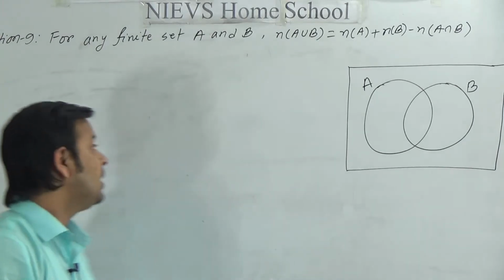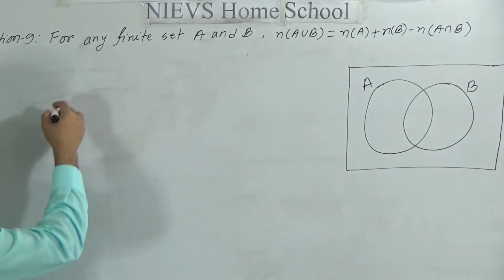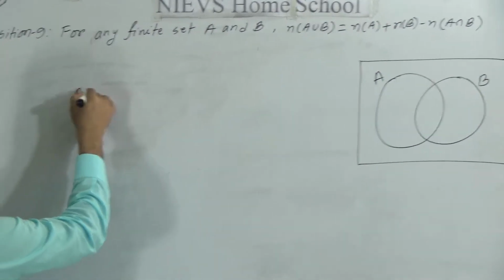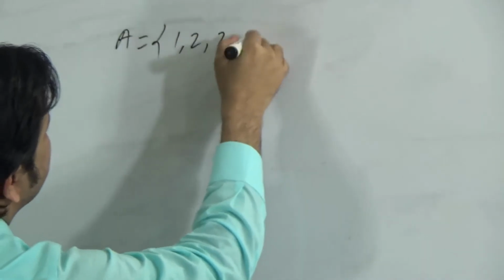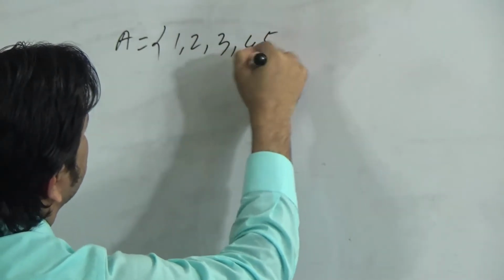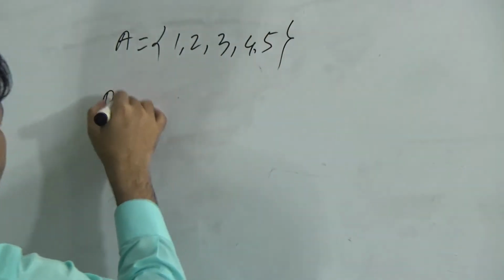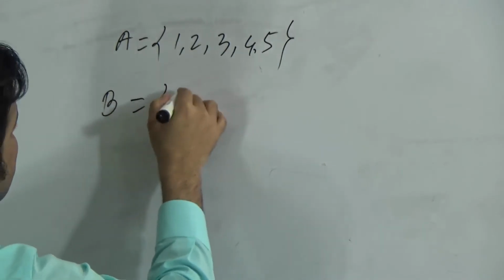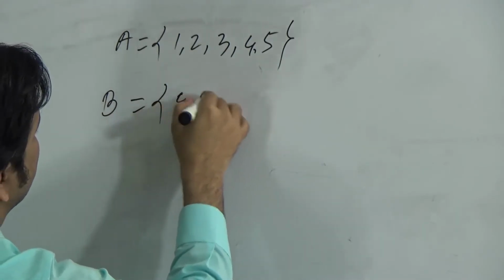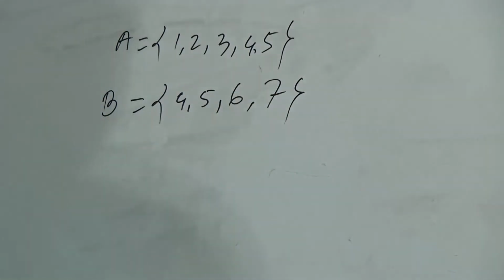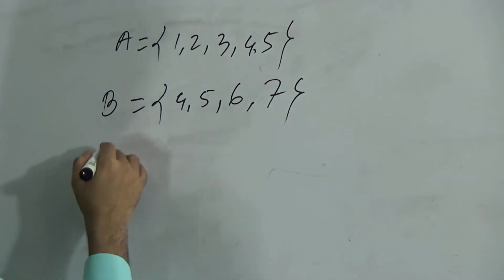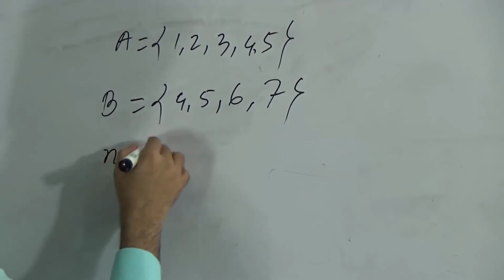Okay, so if we consider A is a set, suppose A equal to 1, 2, 3, 4, 5 and B equal to 4, 5, 6, 7, then we can write here number of elements of A.